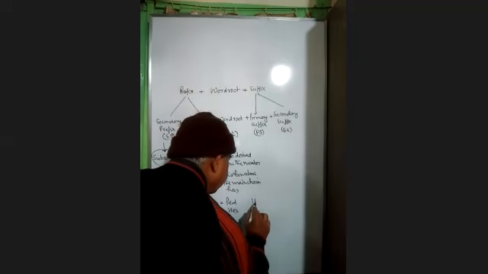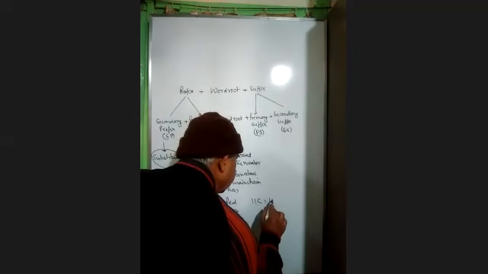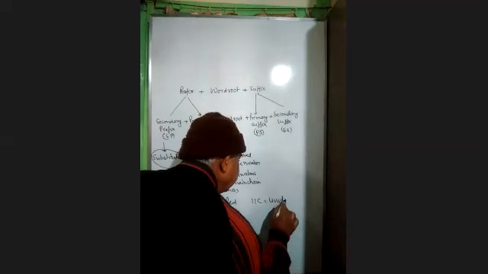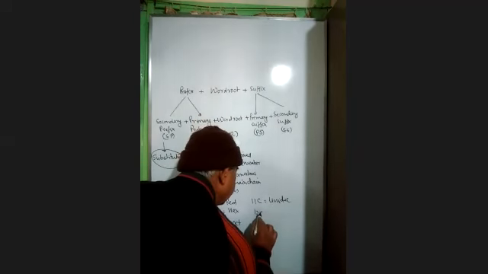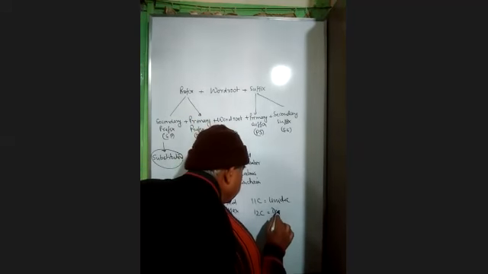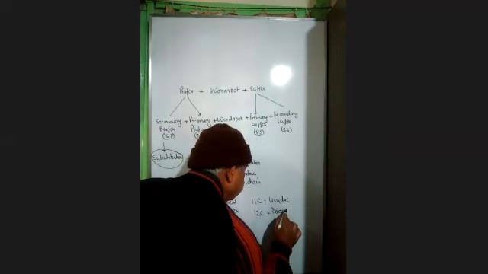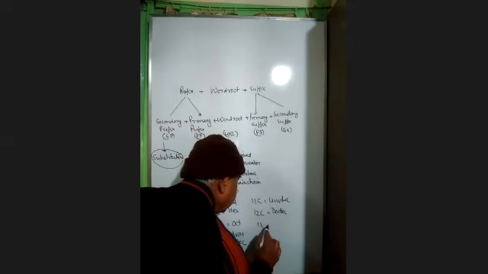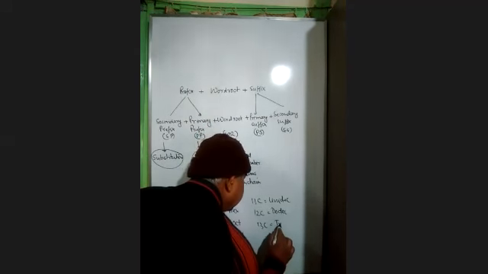If it is 11 carbon, we call it undec. 12 carbon, dodec. 13 carbon, tridec. And like this.